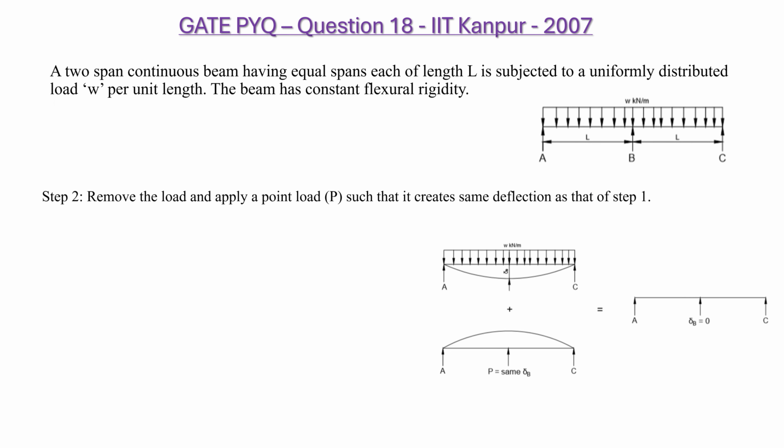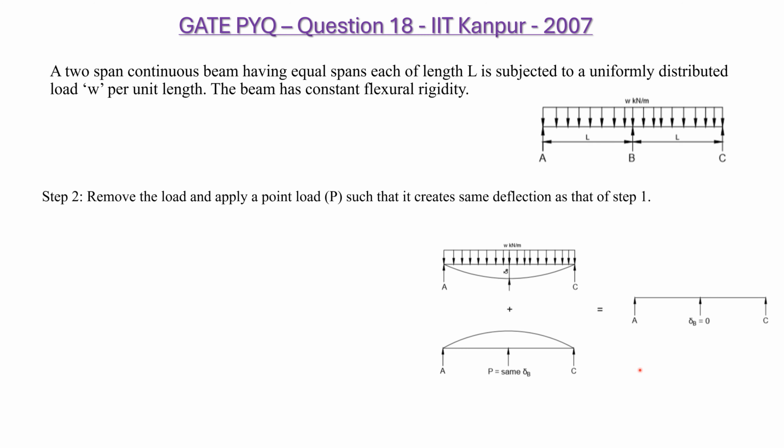Now, as I mentioned earlier, when we first remove the support, this is the initial deflection due to the applied loading. Then when the applied loading is removed and the same P is applied, which produces the same deflection delta B here, that ultimate total deflection should be equal to 0.